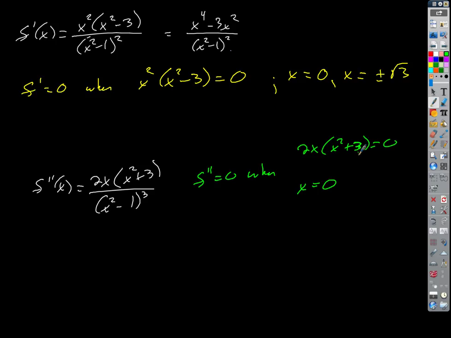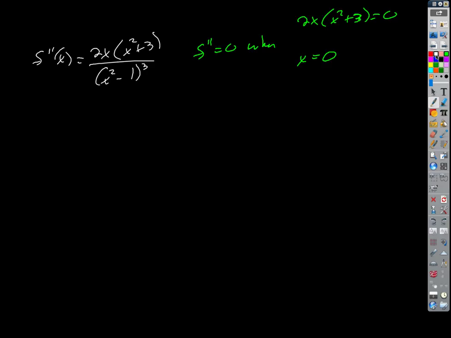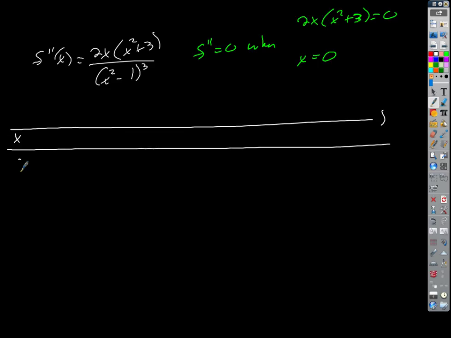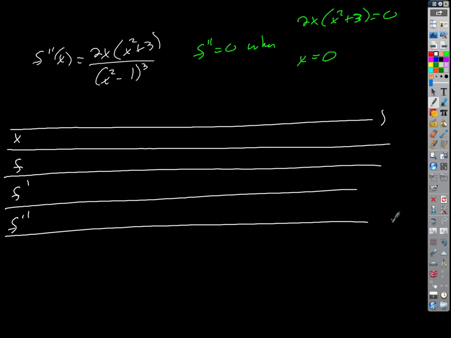All right, so let's make our tables. Our domain went from negative infinity up to infinity, but there were some points in the middle where the function was undefined, right?